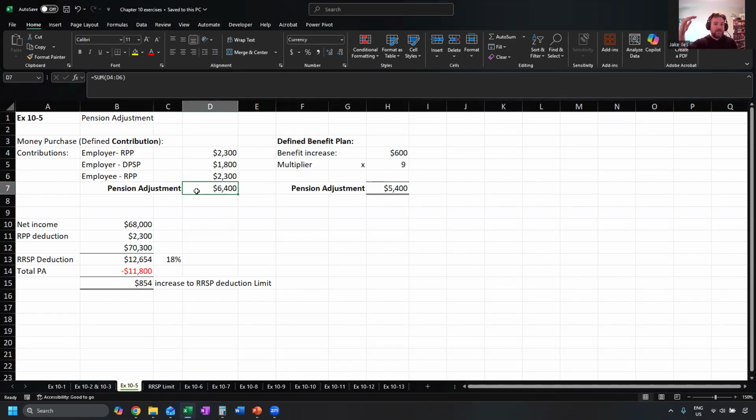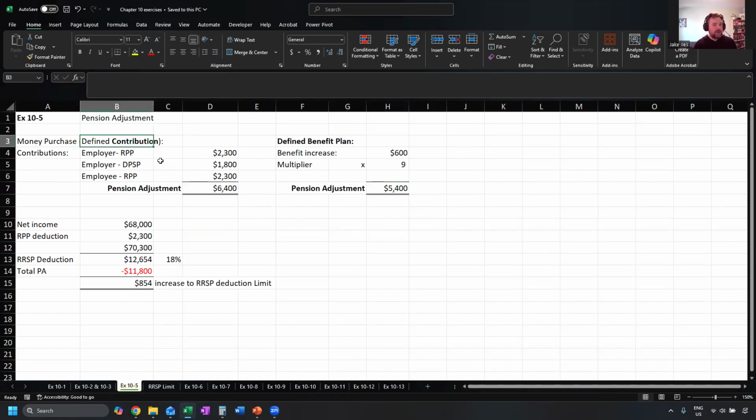We have a certain amount of contribution space and we used $6,400 through work. But we also have a defined benefit plan. So what we need to know is how much did our benefit increase? Well, it increased $600. So the contribution assumes that we must have applied 9 times that amount into our capital base. So the multiplier times 9, the pension adjustment for the defined benefit plan is $5,400.